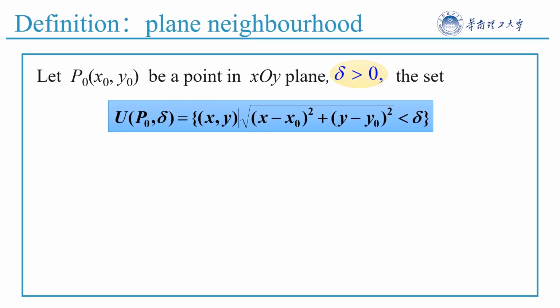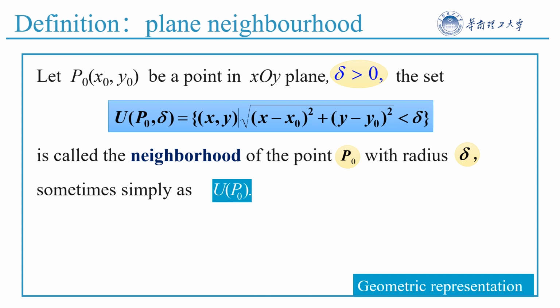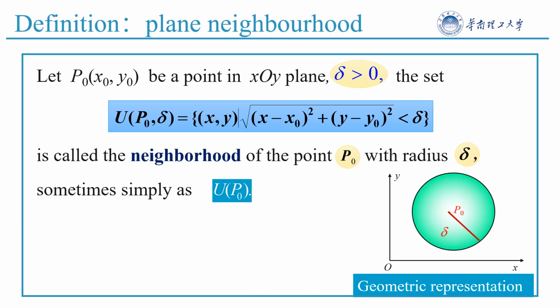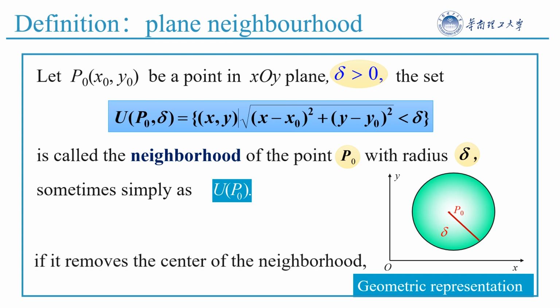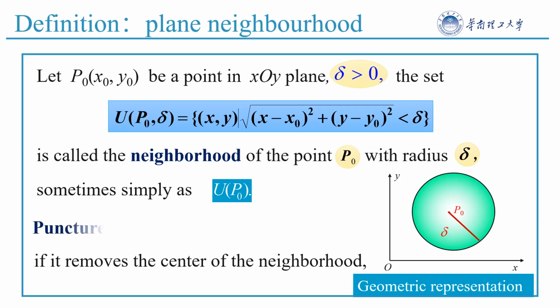The following set is called the neighborhood of the point P0 with radius delta, sometimes simply denoted U(P0). Obviously, the points in this neighborhood are all in the circle of center (x0,y0) and radius delta. If the center of this neighborhood is removed, then the set is called punctured neighborhood, denoted by this notation.